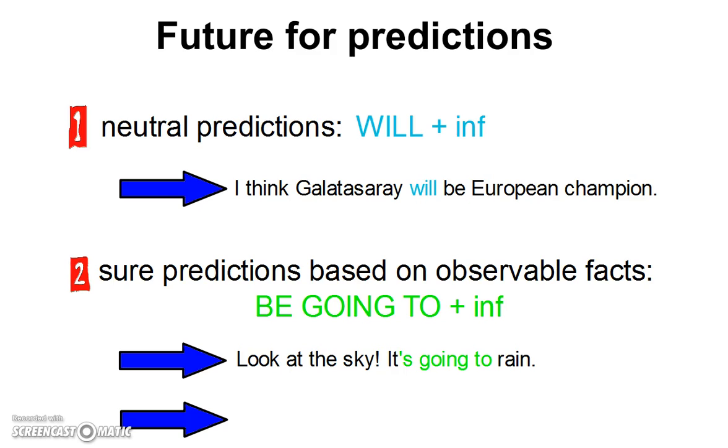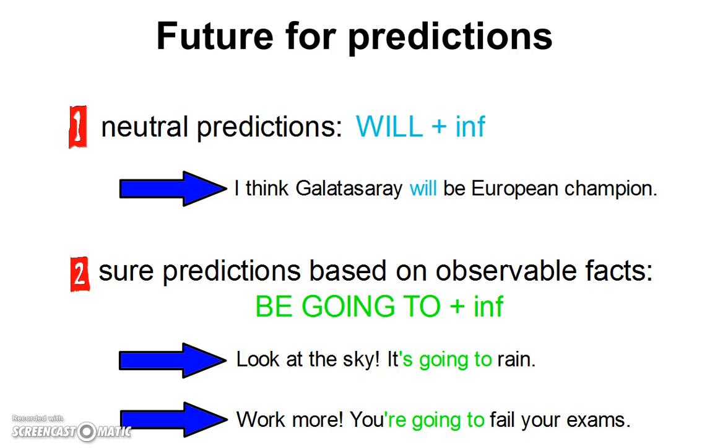Now how do I know that it's going to rain? Because I can see the sky now, and the sky is full of clouds, gray, black, etc. So this can lead to the deduction that it's going to rain, I'm sure, because I can see it now. So in this case I don't use will, but be going to.